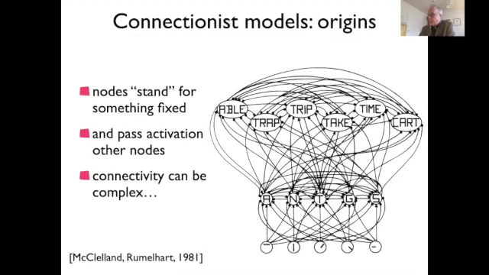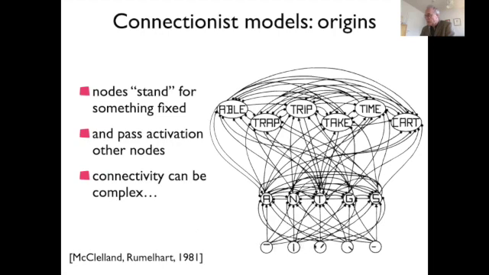So here's an example of a historically important connectionist network that I mention to point at the origins. It's in the 91 paper by McClelland and Rumelhart about word recognition. And you see, it's actually interesting. They have nodes that stand for fixed things. This stands for the letters A, N, T, and so on.